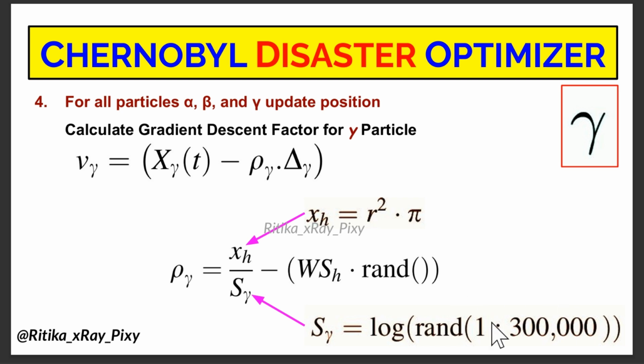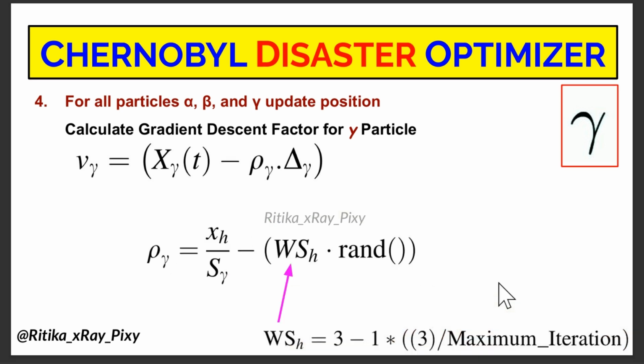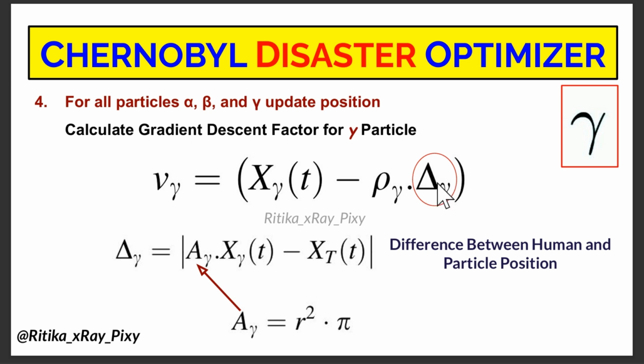This value can be taken randomly, and here you can see this is the human walking speed into a random value. After this we have the difference between the human position and the position of the gamma particle that we will calculate using this equation. Here this is the area of the circle and here this is the total distance.